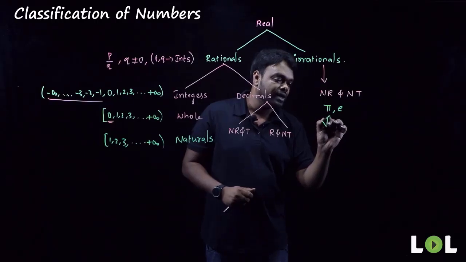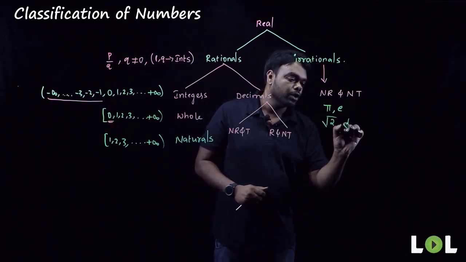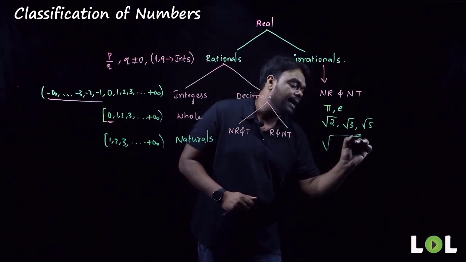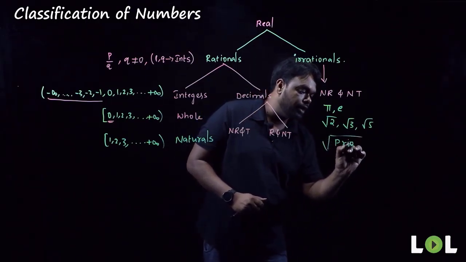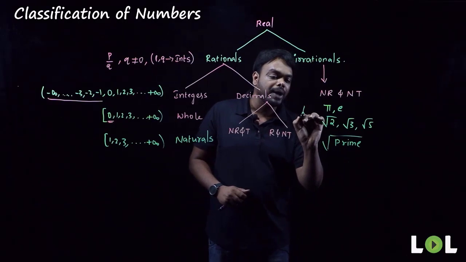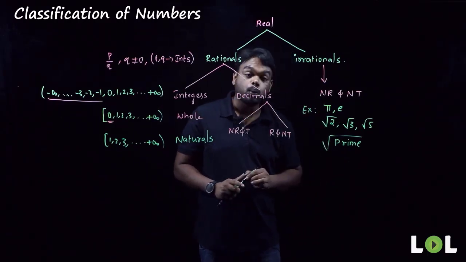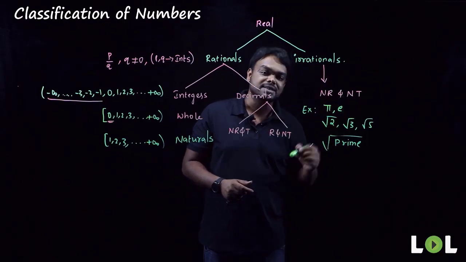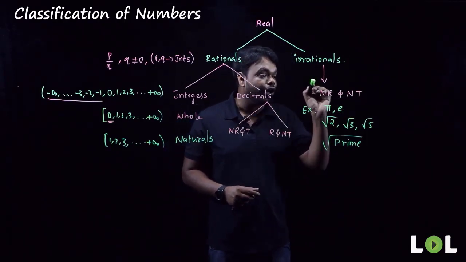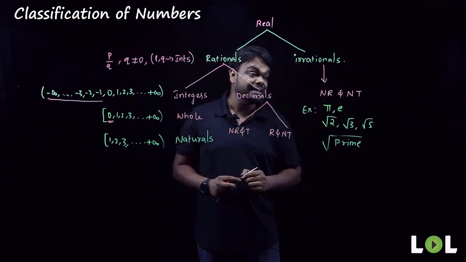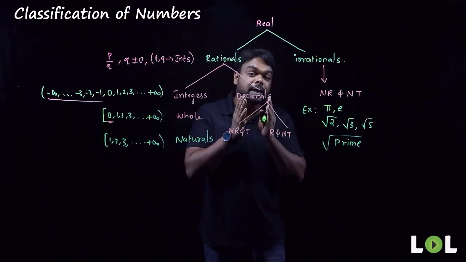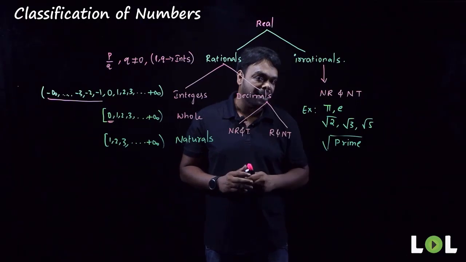Apart from that, you can have root 2, root 3, root 5, or any prime number under root is always an irrational number. Why? When you bring this out of the root, you will get 1.141 something, which is a non-recurring and non-terminating decimal. So this is the very basic classification of the number system.